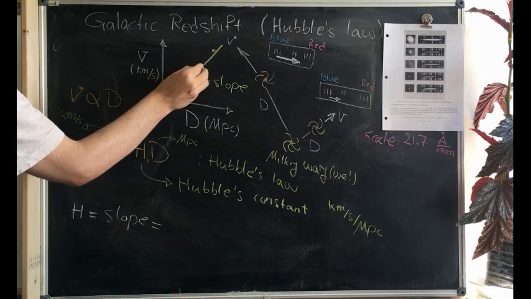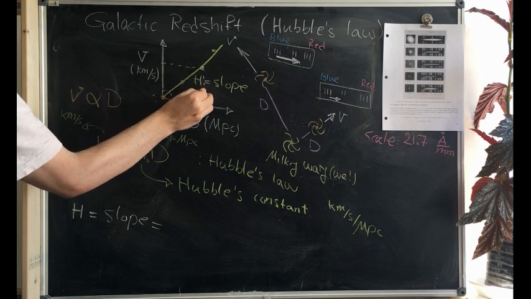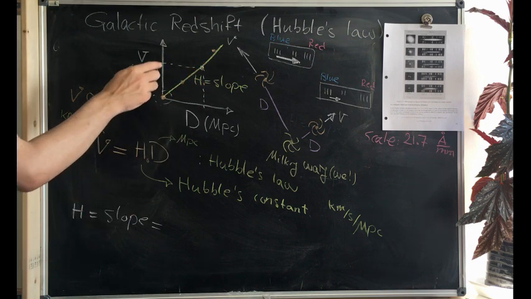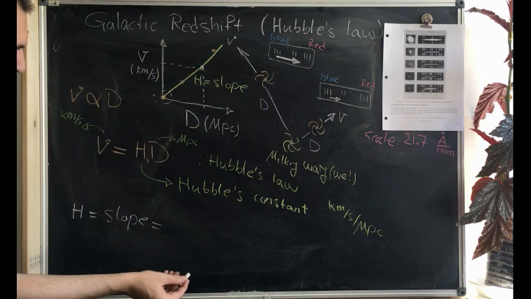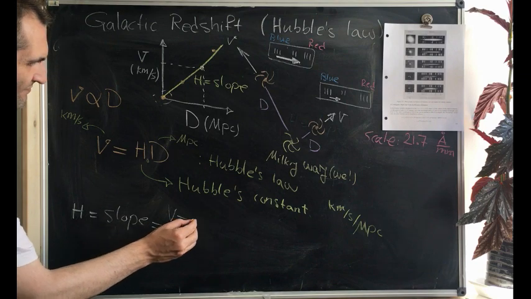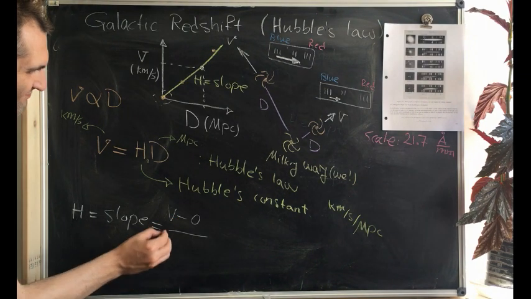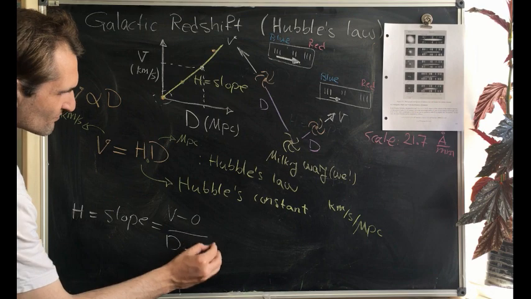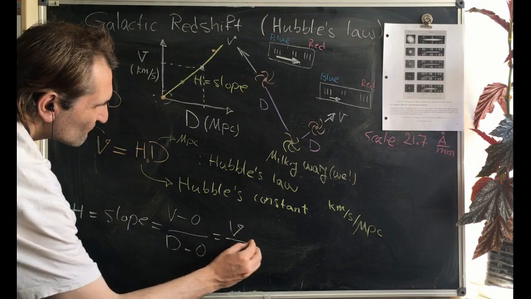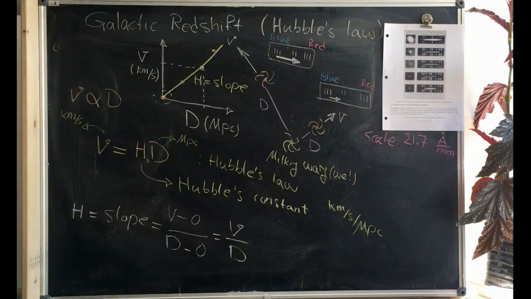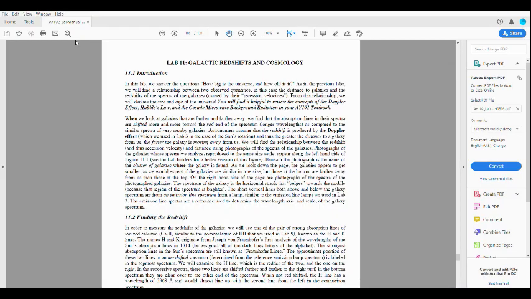The easiest case is to use 0 and 0 and a second point. For the slope, if you remember, it is the difference in y divided by the difference in x. So v minus 0, d minus 0, it will be v divided by d.